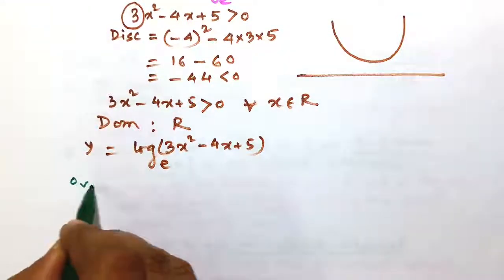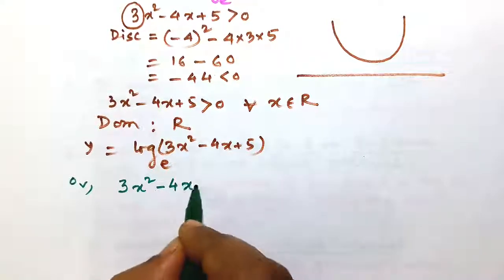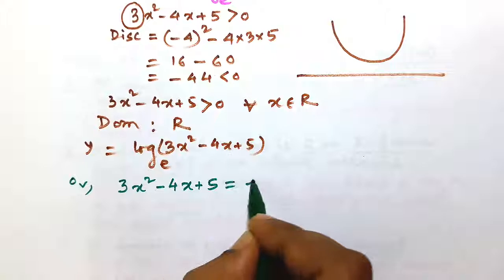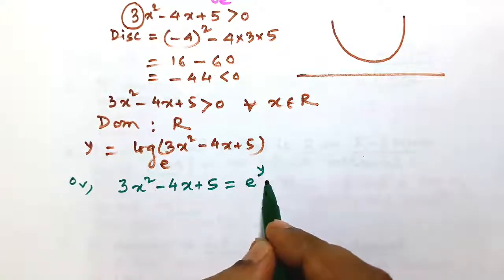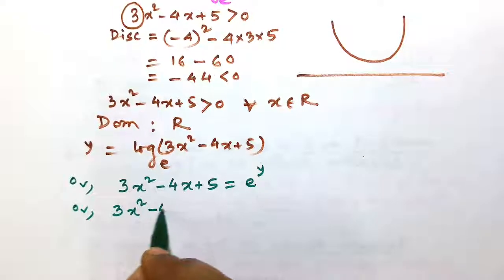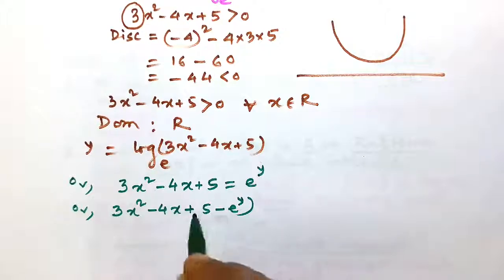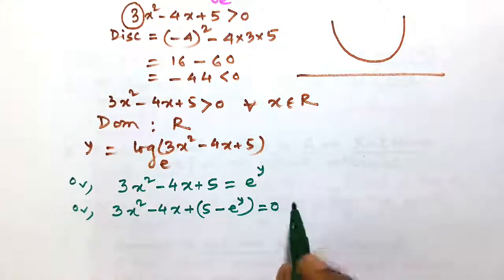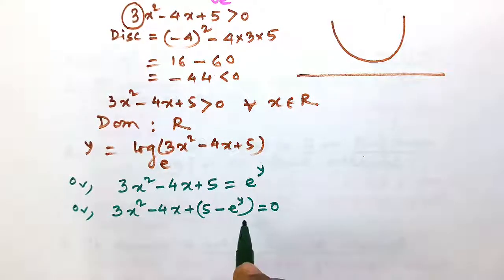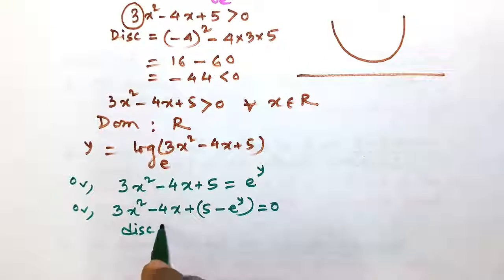So we can write 3x square minus 4x plus 5 is equal to e to the power y, or 3x square minus 4x plus 5 minus e to the power y is equal to 0. This is a quadratic form. Since x is real, its discriminant should be greater than or equal to 0.